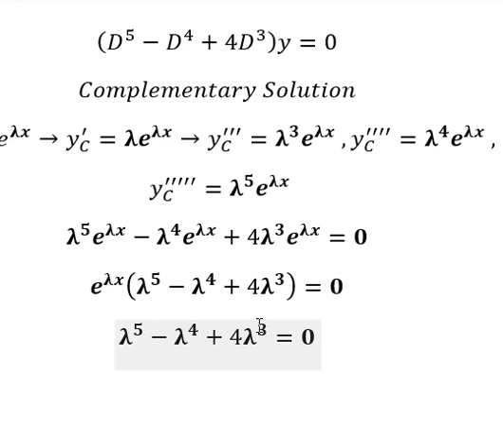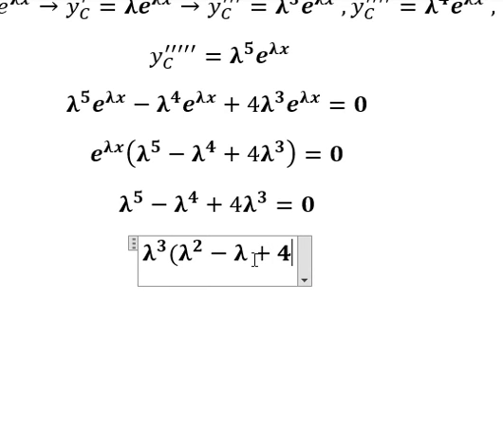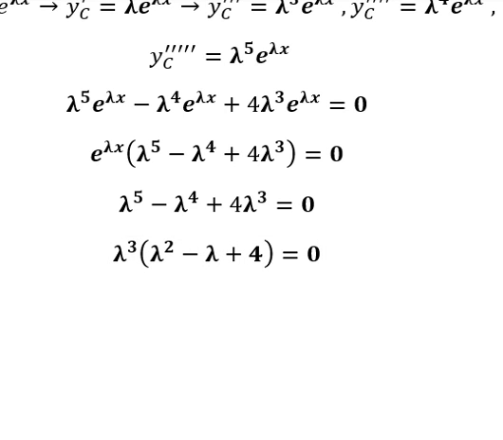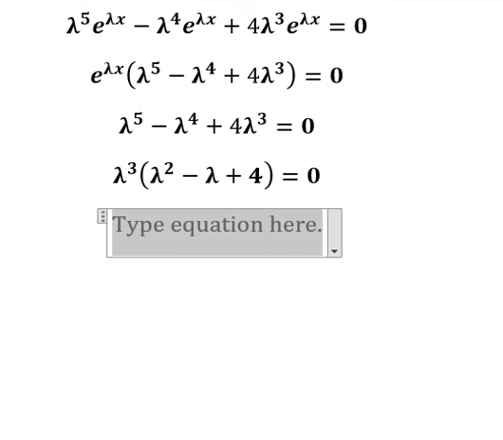About lambda to the power of 3, we can do factorization. So in this situation, about lambda to the power of 3, we have 3 solutions of lambda, and lambda equals to number 0. So we can put like this.